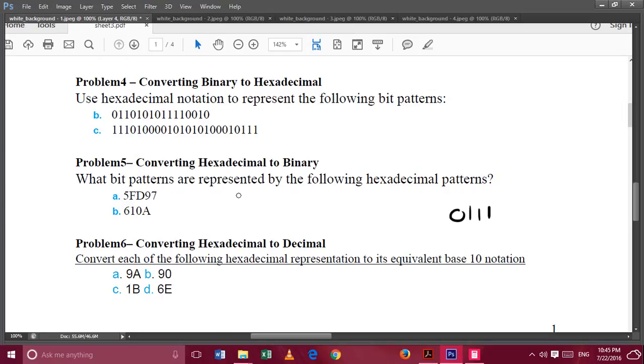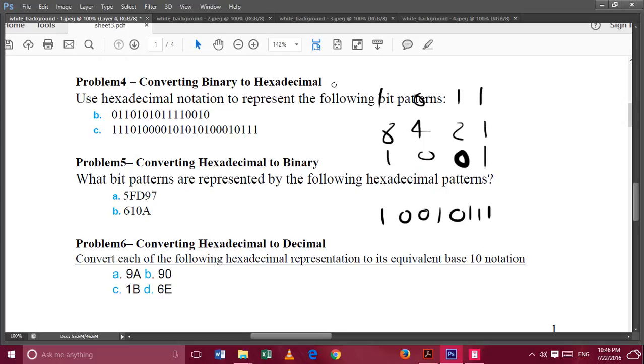Okay? And then 9 would be, if you don't want to get confused, you always do this. So 9 would be like this, right? Because 8 and 1. So 1, 0, 0, 1. Okay, so we've done 7 and 9. D is number 13, guys. So 13 is like this because 8 plus 2, 10.